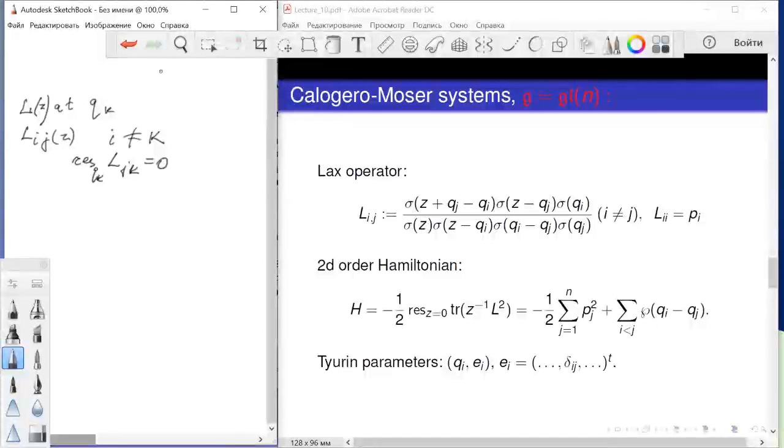We already know that the matrix of residues of the operator L is of such form: only row number k can be non-zero, and everything else is 0.